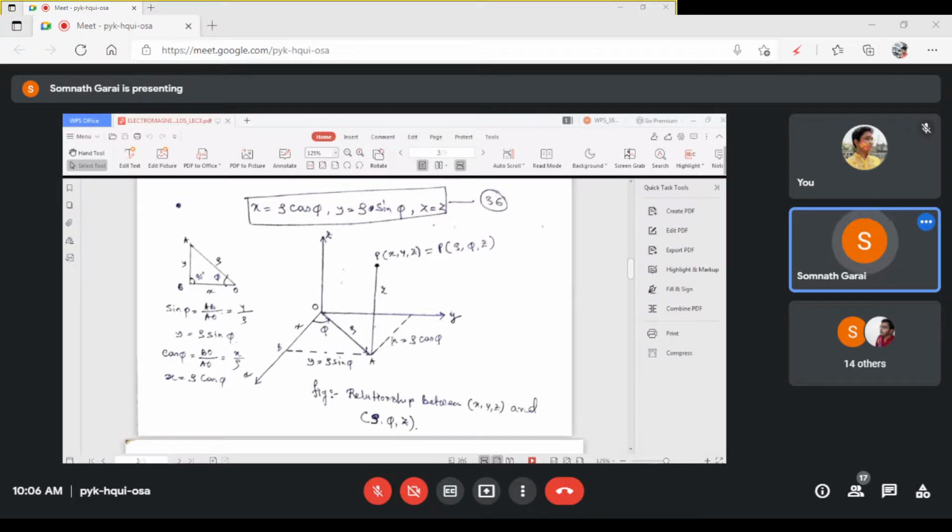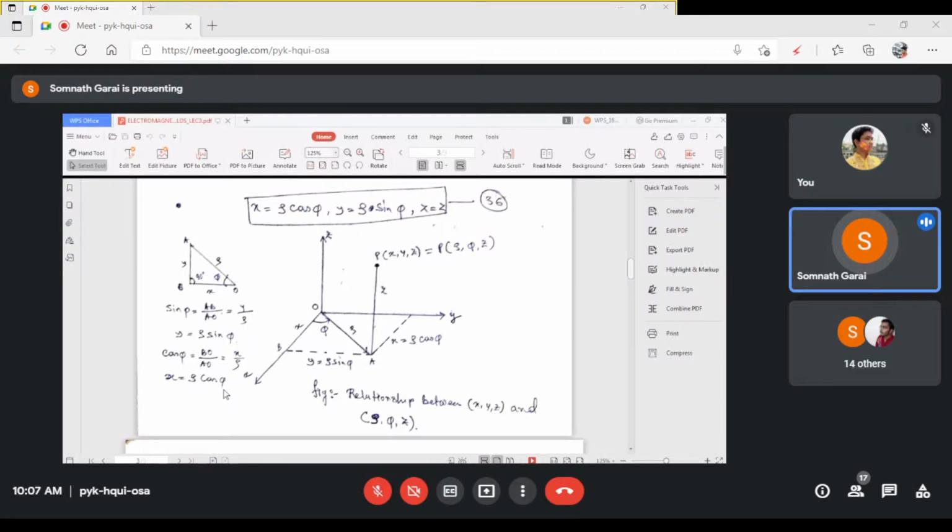Okay. Now, if we determine cos phi, BO is the base, AO is the hypotenuse. Cos phi is equal to BO by AO. BO is equal to X and AO is equal to rho. From cos phi equal to X by rho, X is equal to rho cos phi.